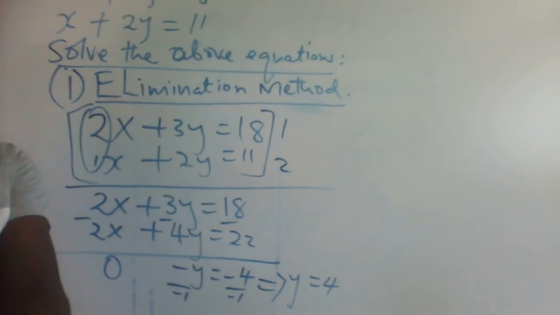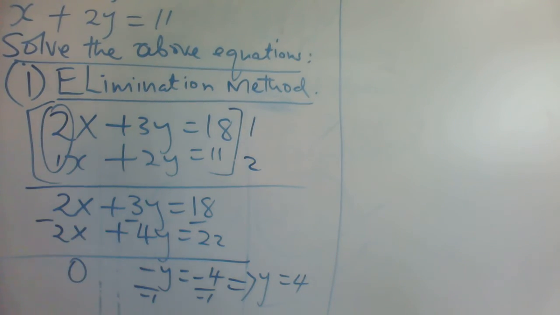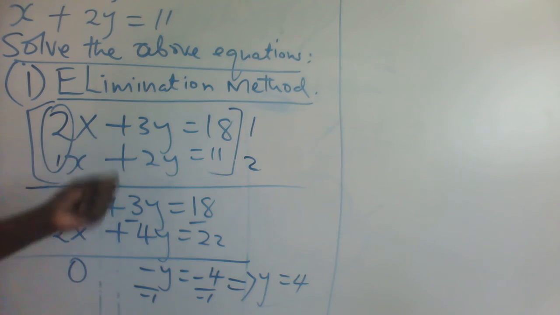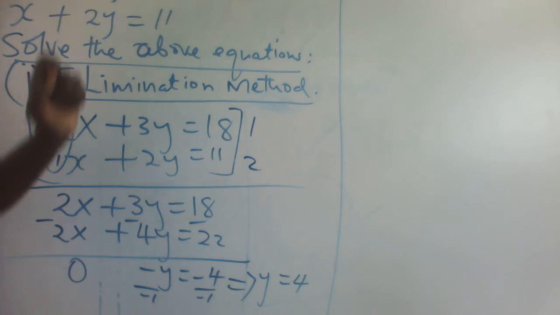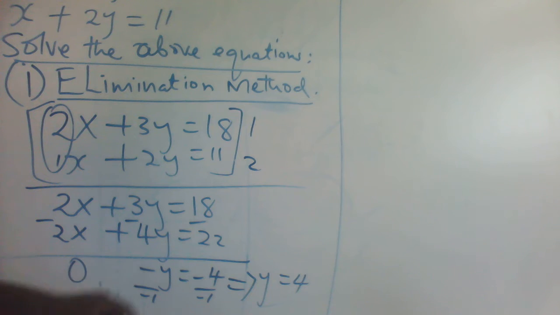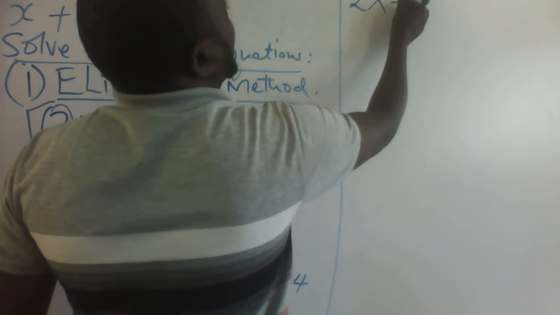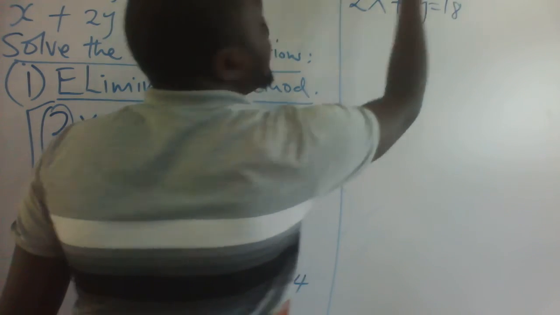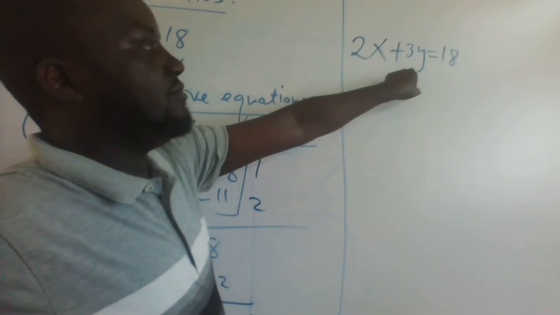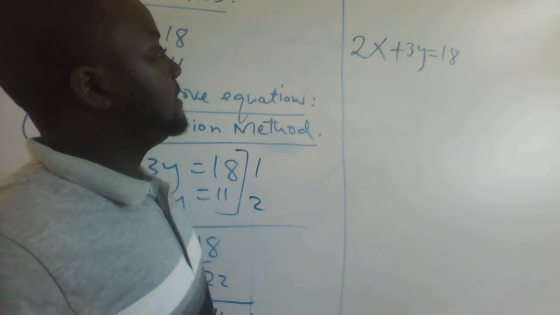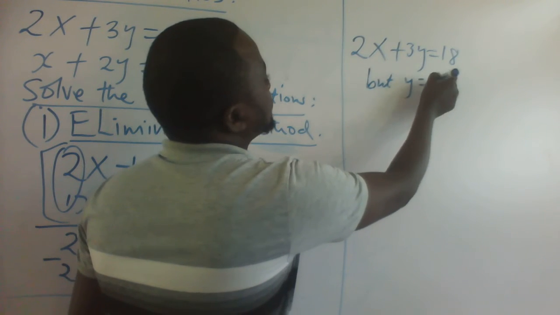Then since we have the value of y, we calculate the value of x. You can take either equation. You take only one. Where we have y, you substitute with 4. Now, 2x plus 3y equals 18, but the value of y equals 4.